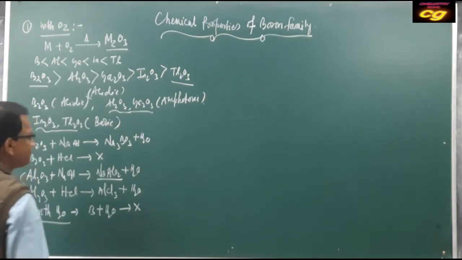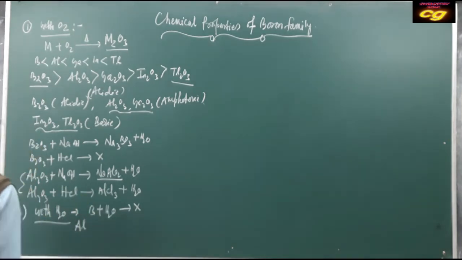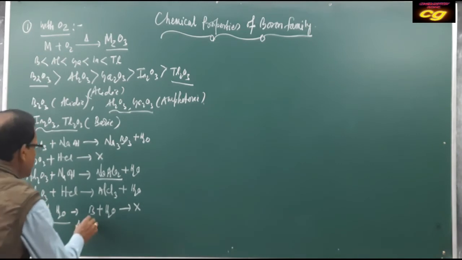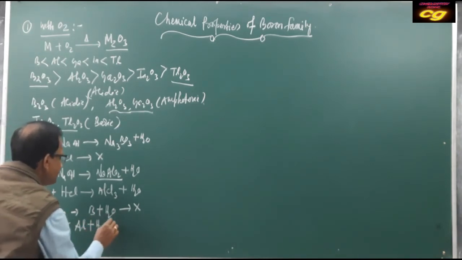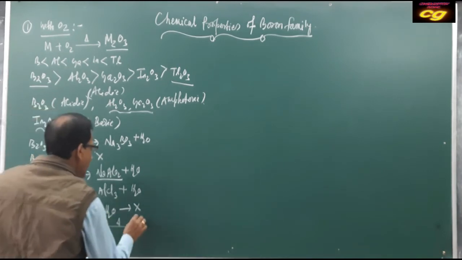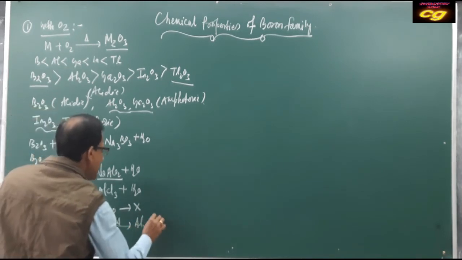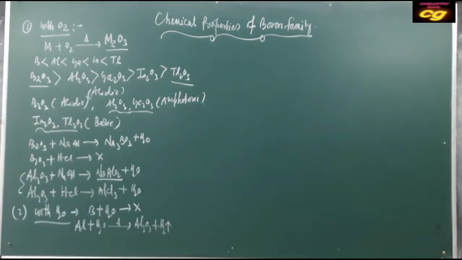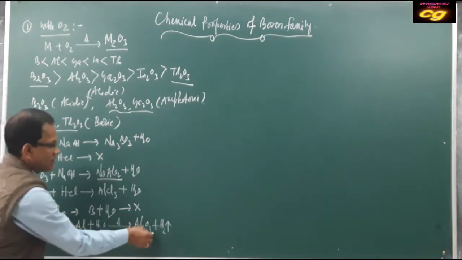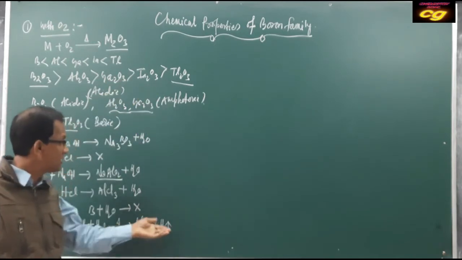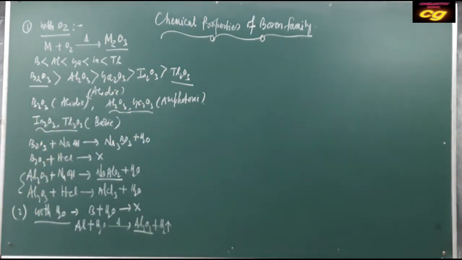But aluminum, a highly reactive metal, and gallium, indium, thallium react with water on strong heating, producing aluminum hydroxide or aluminum oxide and hydrogen gas. Gallium, thallium and indium also produce oxides and hydrogen gas.